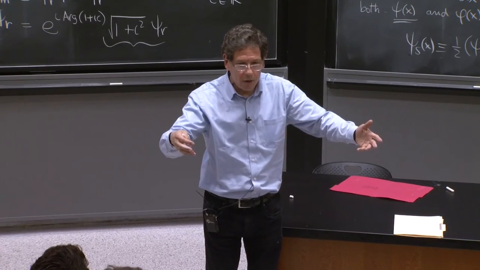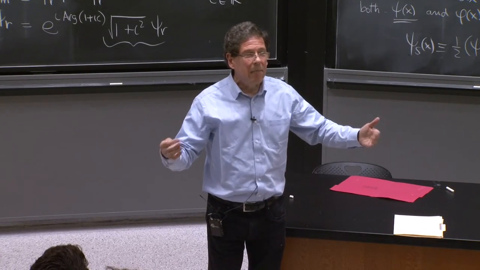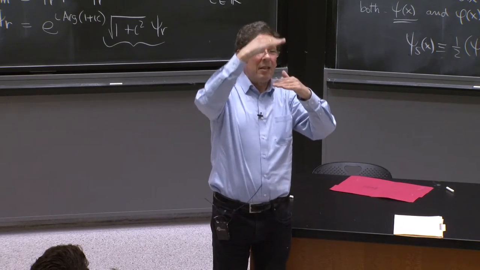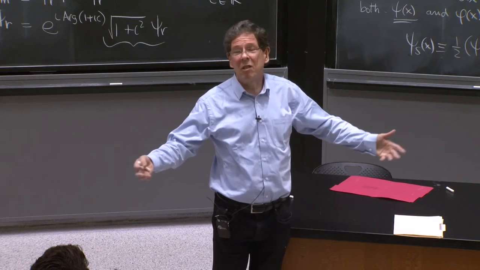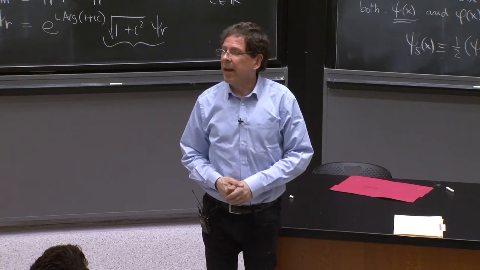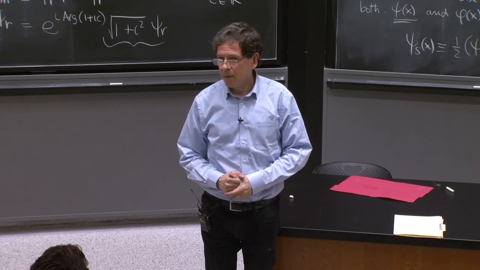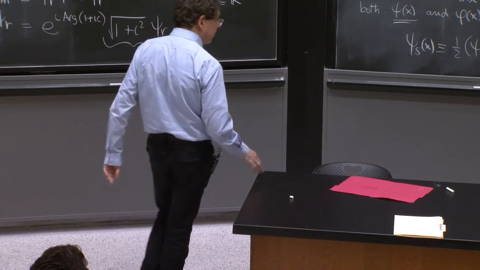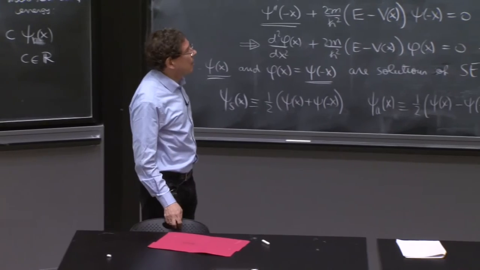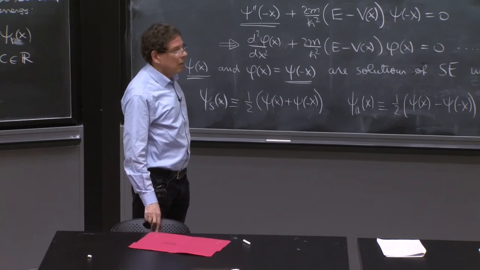Don't you get a general solution? Well, you cannot add them because for bound states, they are different energies, and adding two solutions with different energies is pointless. It's not an energy eigenstate anymore. So, very powerful theorem. We'll be using it a lot, and I thought you really ought to see it.